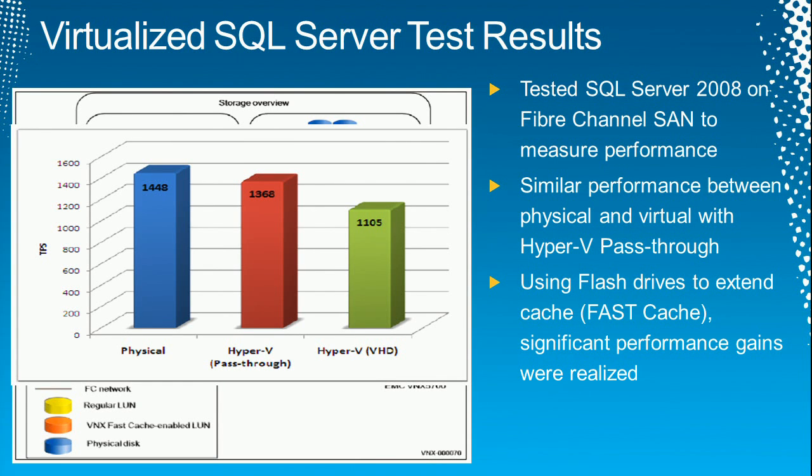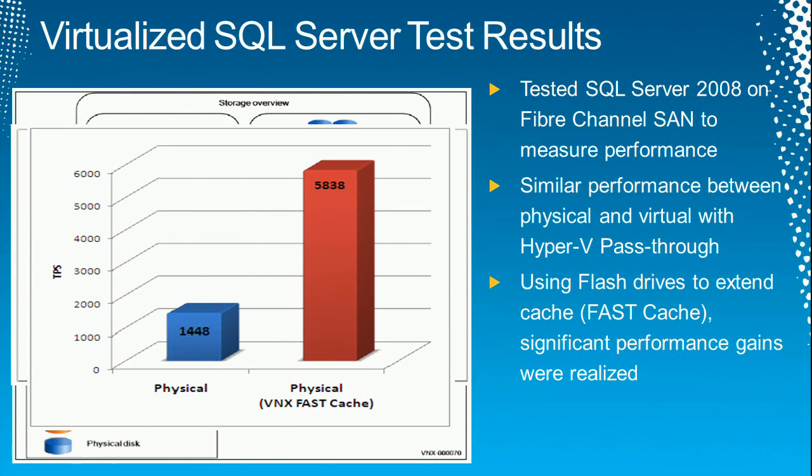Then the next thing we did was use flash drives in the storage subsystem to extend the cache of the array and see if we could get a performance increase for the virtual environment. For the SQL environment, when we did that, we were able to get 3 times the performance.